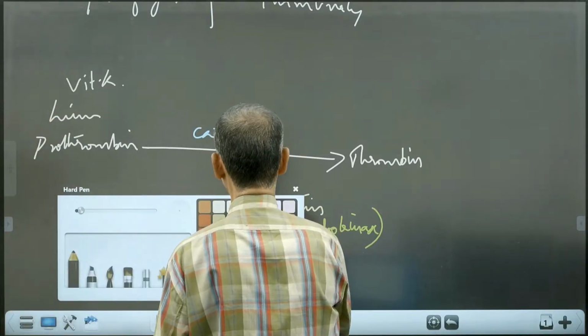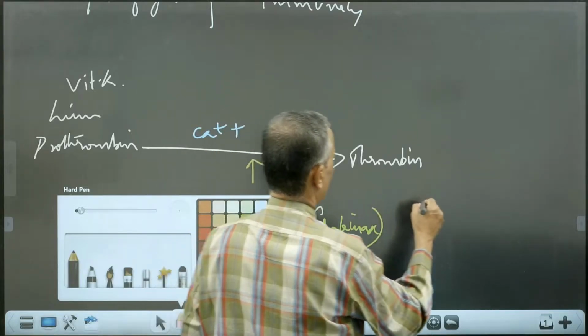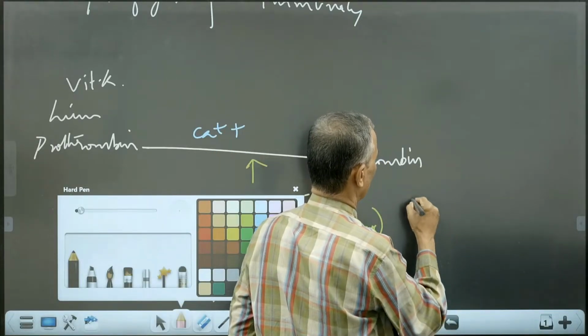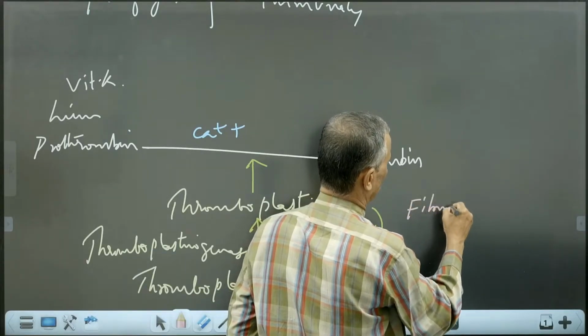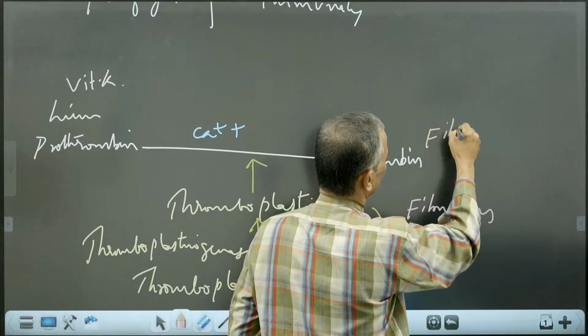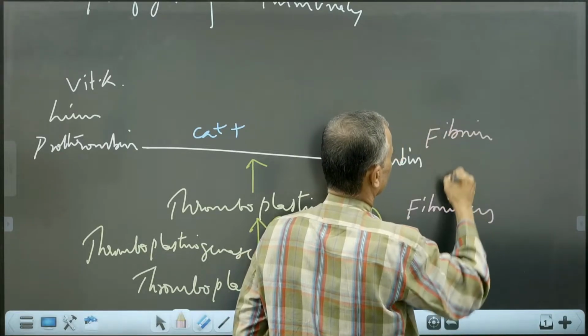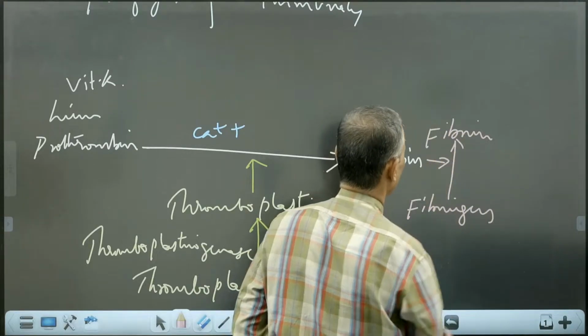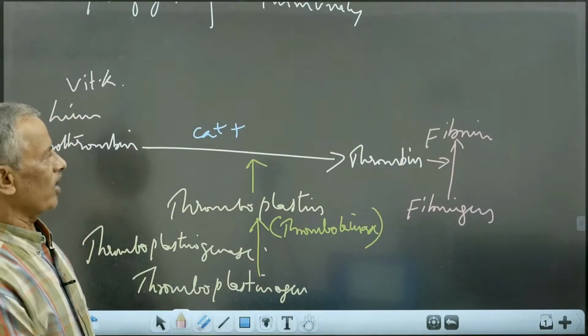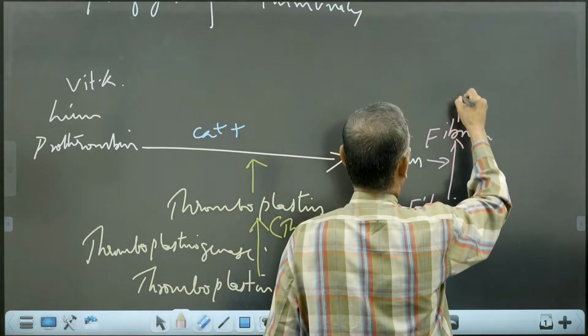Once this thrombin is made active, it will act as an activating enzyme for converting our fibrinogen. It is a gen, inactive, to active fibrin. See, fibrinogen is now converted into active fibrin, which polymerizes.